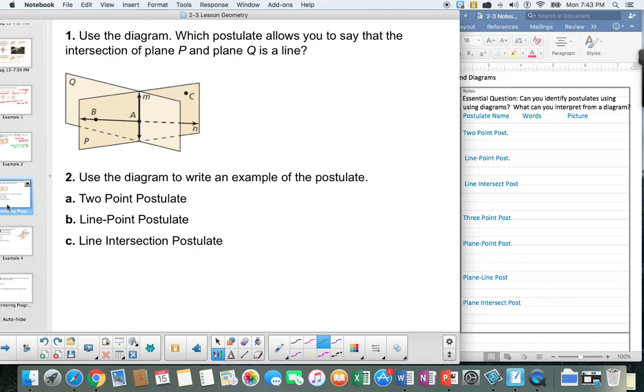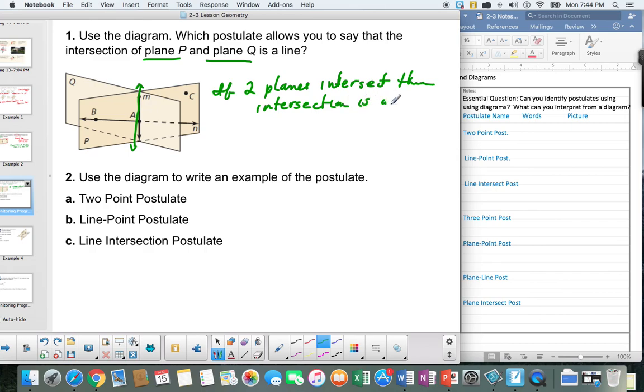Okay, let's go to the next slide. Use the diagram. Which postulate allows you to say that the intersection of plane P and plane Q is a line? Here are the two planes, and here's the line going through them. You can write out the words: if two planes intersect, then the intersection is a line.